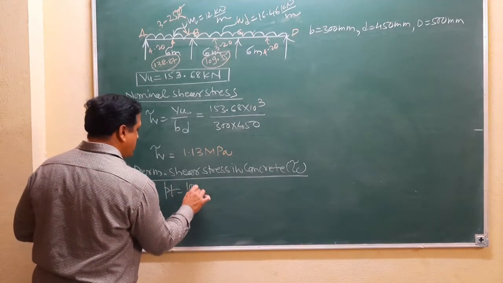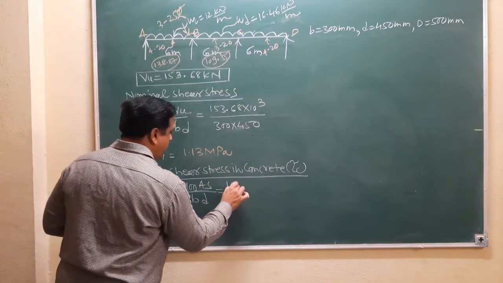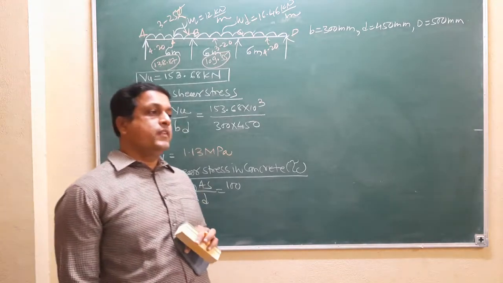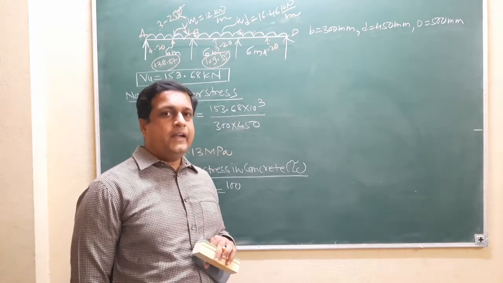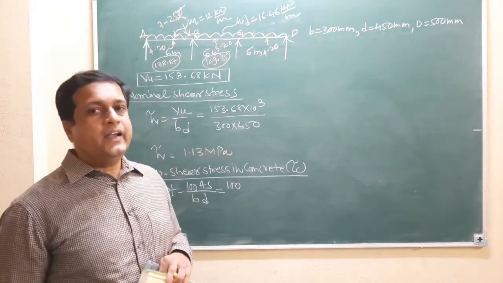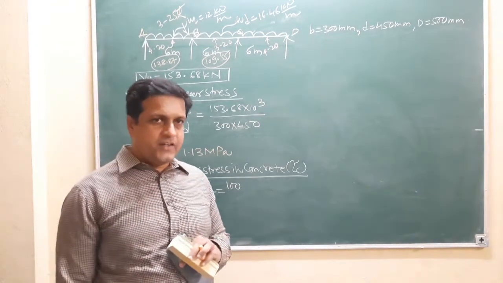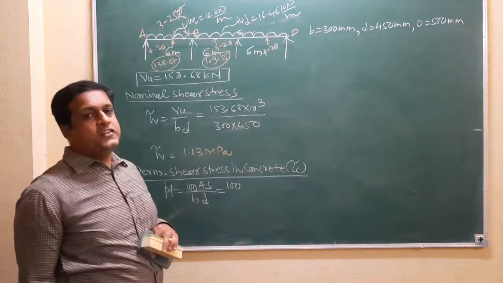PT is equal to 100 AS upon B into D. What is AS? AS is the tension steel provided at the location where the maximum shear force is present. Our maximum shear force is present next to end support B.